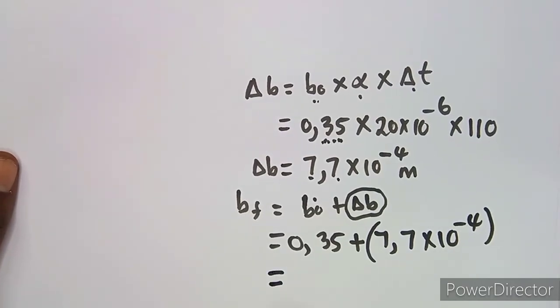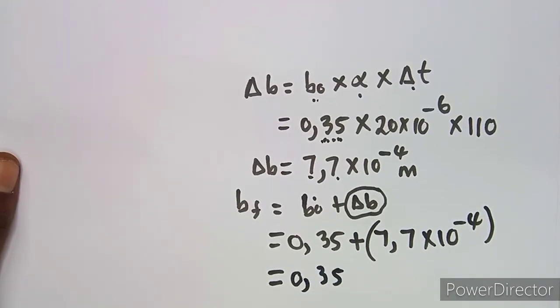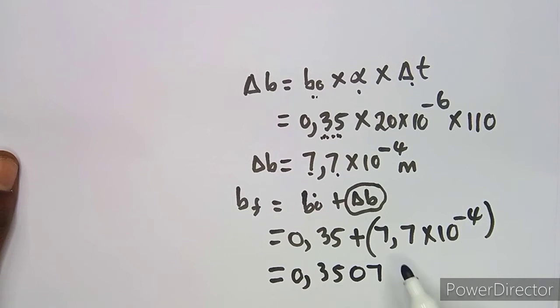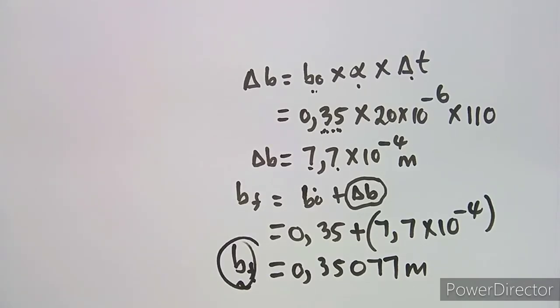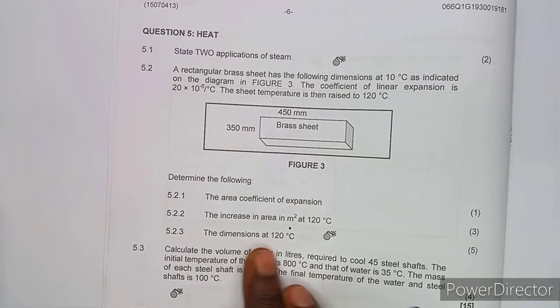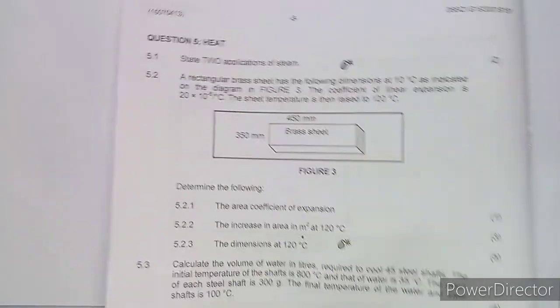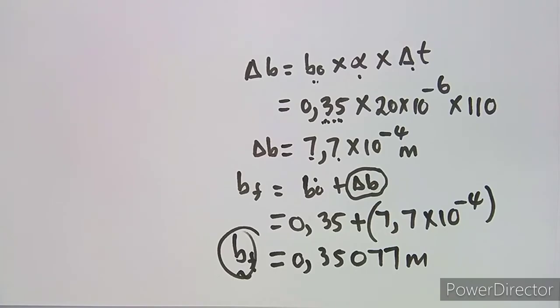You can combine this on your calculator, which gives you something like 0.35077 meters. So this will be your final breadth, or just B with an F, because we know that we are talking about the new dimensions. The F represents final breadth, final length, or whatever you're talking about. Like I said, you can write this in any way that is best for you.